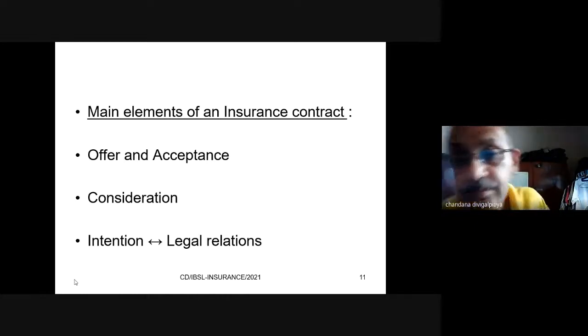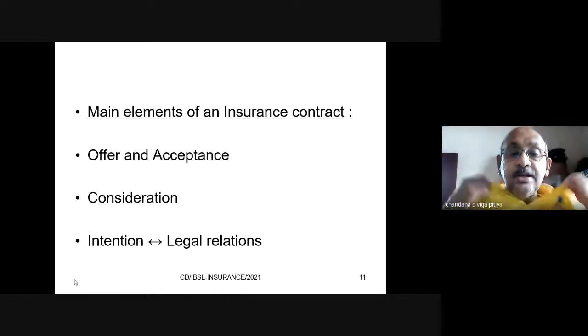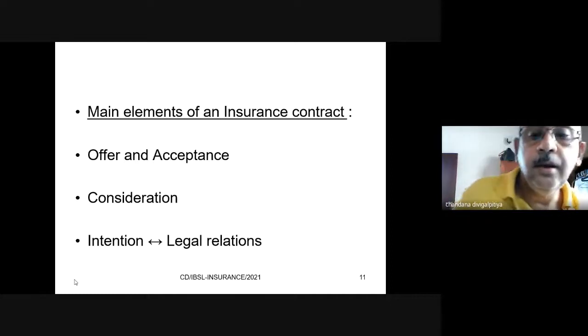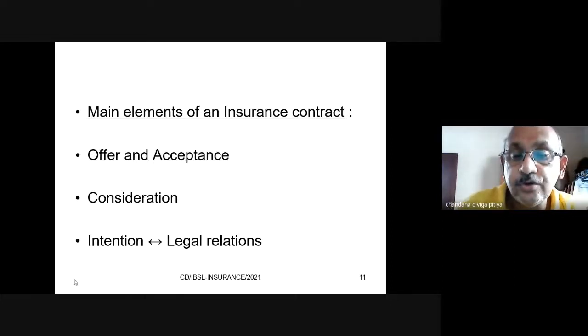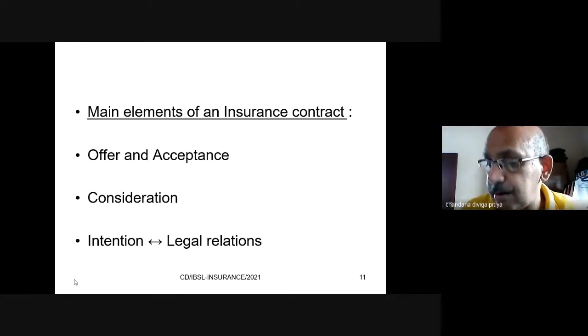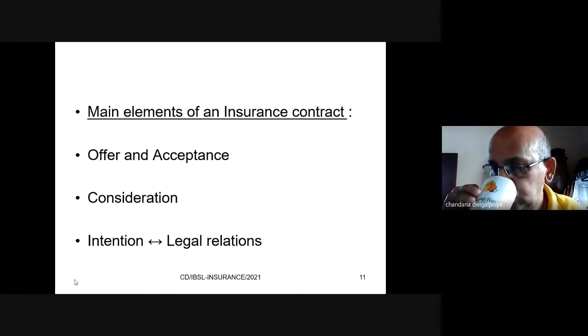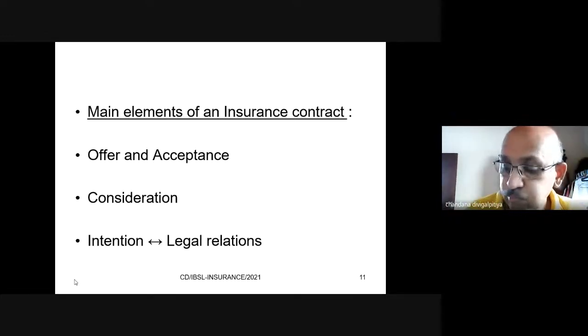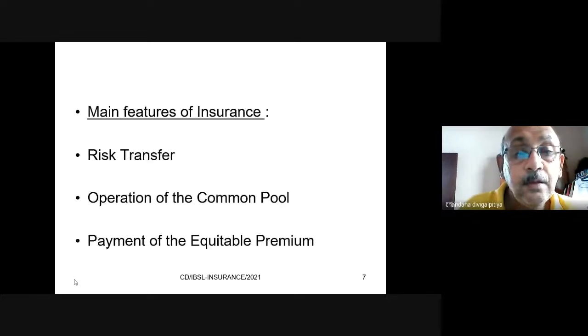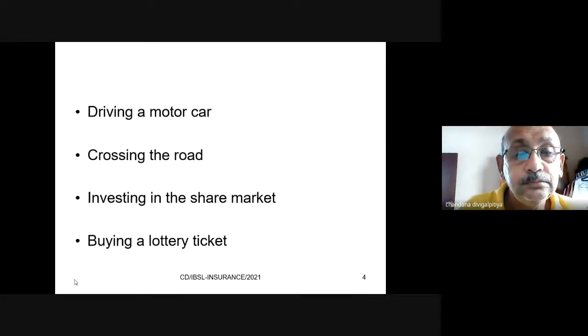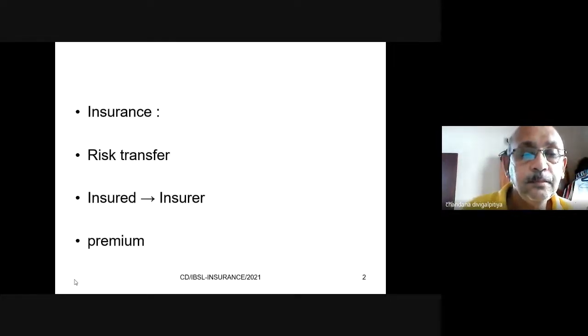Right. These are the main elements of an insurance contract. Now, insurance, we told, is a contract between two parties: the insured and the insurer.